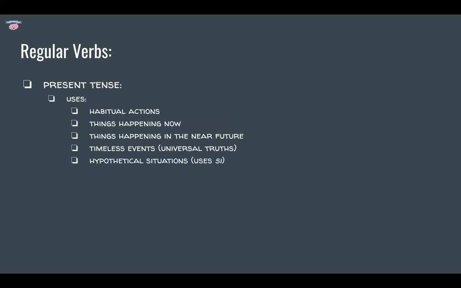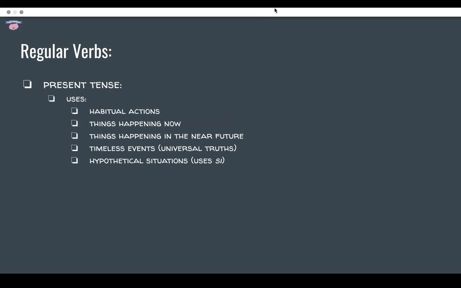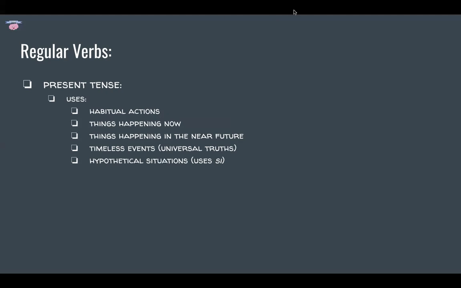And hypothetical situations, you'll have to use si, which means if. You might be thinking, well, sí means yes. Well, this si doesn't have an accent. Yes in Spanish has an accent. This is how you write yes in Spanish. Notice the accent there.